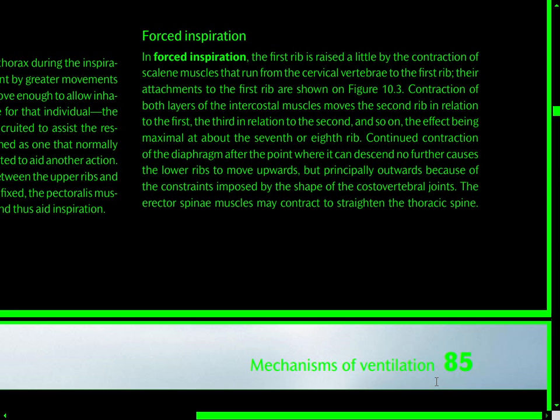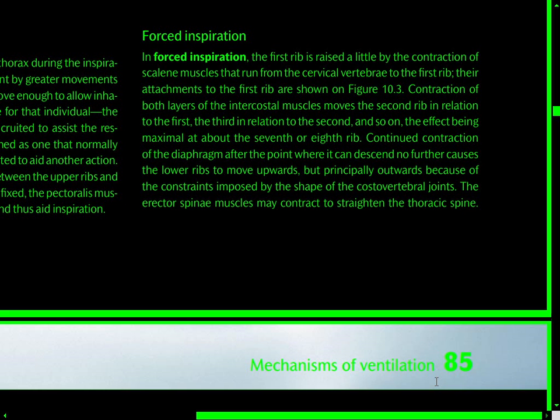Continued contraction of the diaphragm after the point where it can descend no further causes the lower ribs to move upward, but principally outwards, because of the constraints imposed by the shape of the costo-vertebral joints.